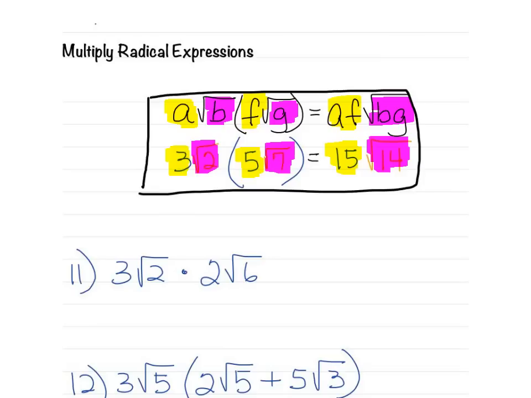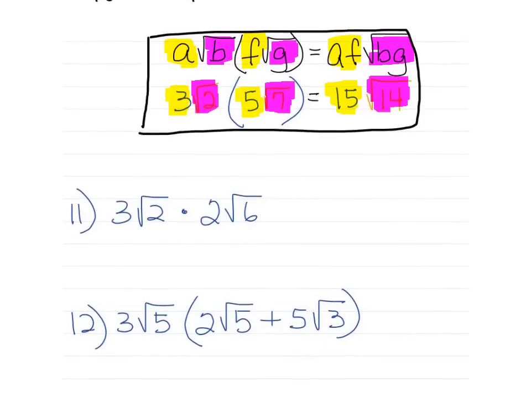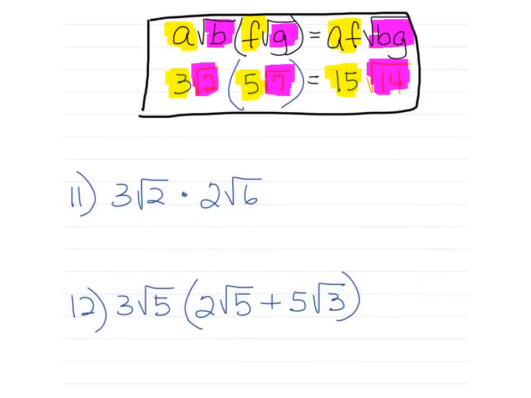Okay, let's practice this skill. Number 11, 3 radical 2 times 2 radical 6. So I'm going to multiply my coefficients. 3 times 2 is 6. And then radical 2 times radical 6, remember that I'm always going to need for my expression to be simplified.